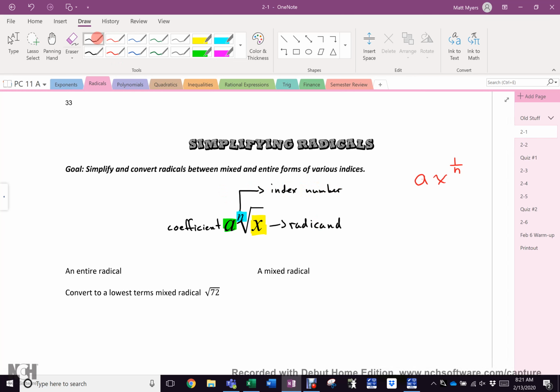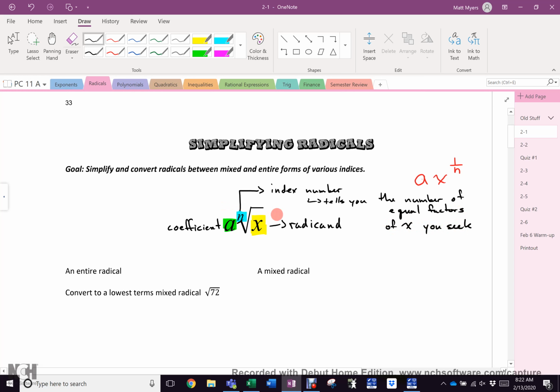The index number tells you the number of equal factors of x that you seek. So whatever that number is, that's how many you're going to pull out of here. So if it was no number, it's 2, right? And we would be looking for 2 equal factors of x.